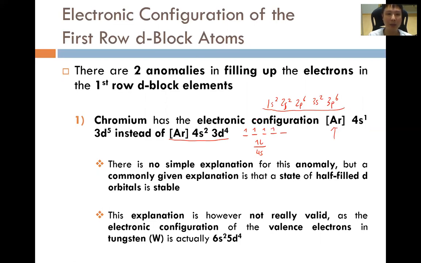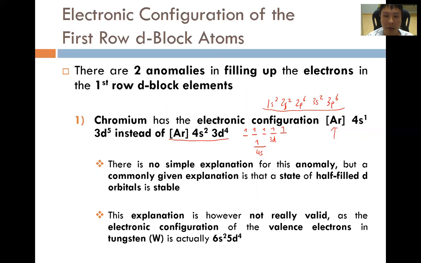However, it actually prefers to promote an electron up from the 4s orbital into the 3d orbital. And the official reasoning given is that if you have a state whereby the 3d orbitals are half filled, the electronic configuration is particularly stable.